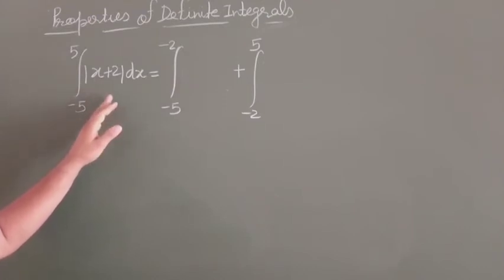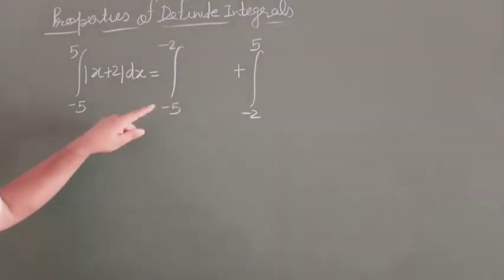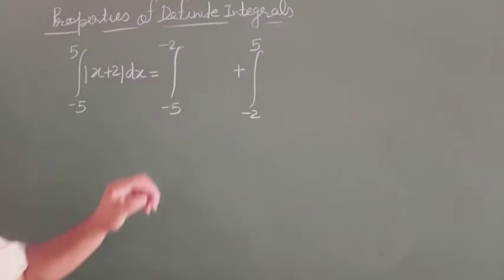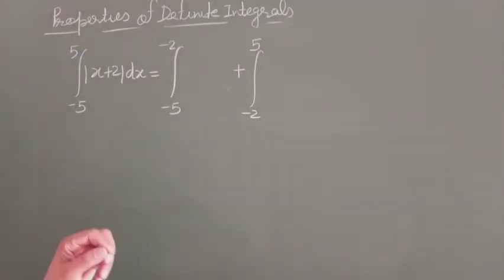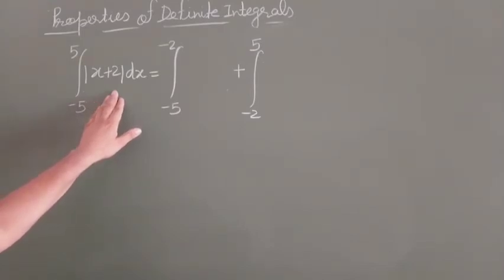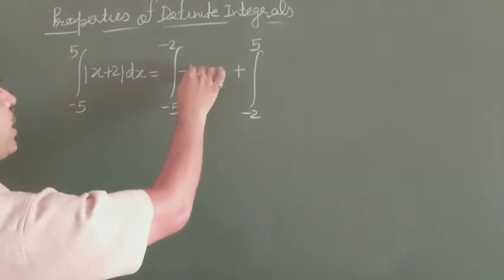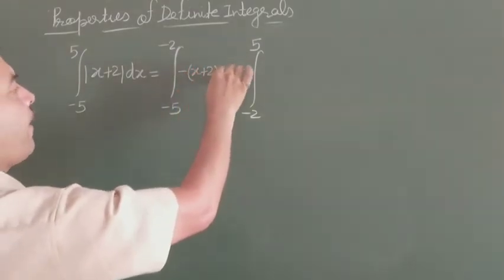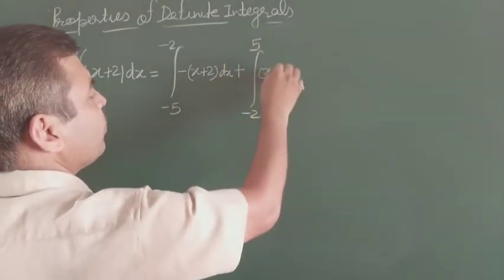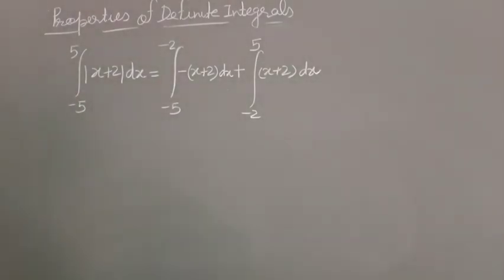That's why I have changed the limits from minus 5 to minus 2 and minus 2 to 5, because at minus 2 the sign of the function is changed. So from minus 5 to minus 2 we will take negative x plus 2 dx, and from minus 2 to 5 we can take positive x plus 2 dx. Correct?